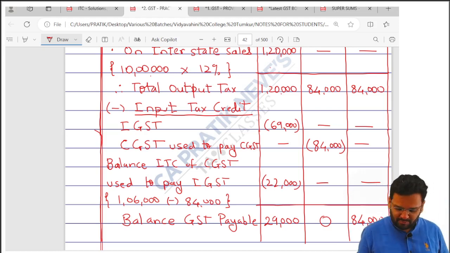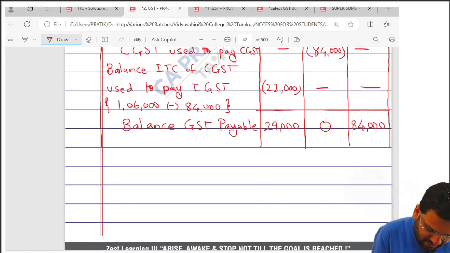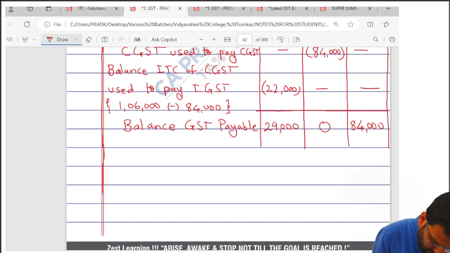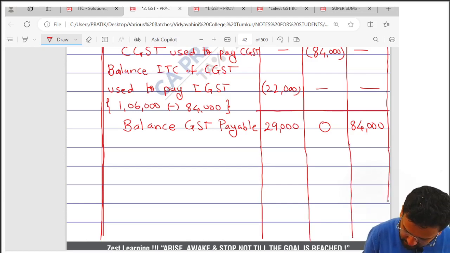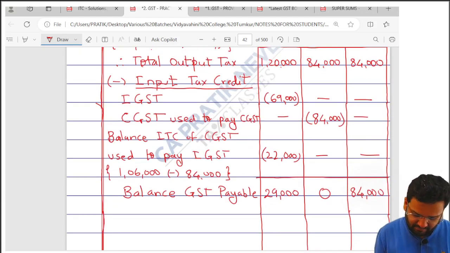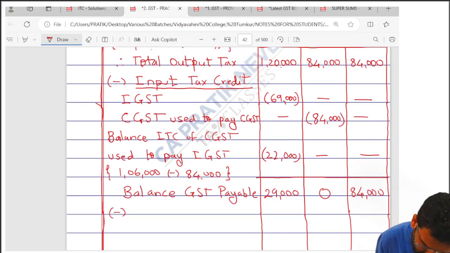Still 29,000 is payable. But is any ITC remaining? SGST. Please use ITC of SGST. So less ITC of SGST. Please use ITC of SGST.